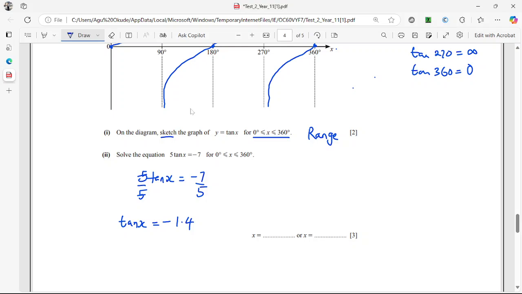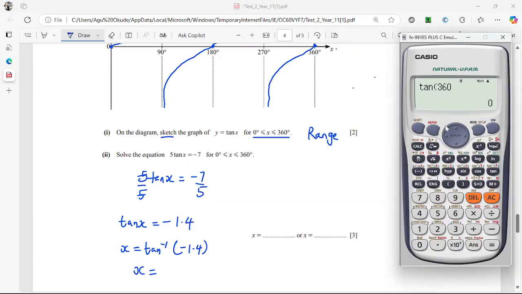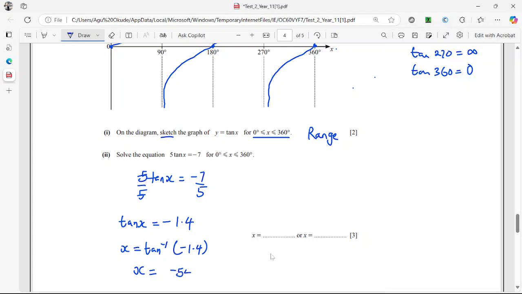If I take the inverse tan of negative 1.4, I'm going to get a negative answer. So shift inverse tan of negative 1.4 gives negative 54.46 degrees.